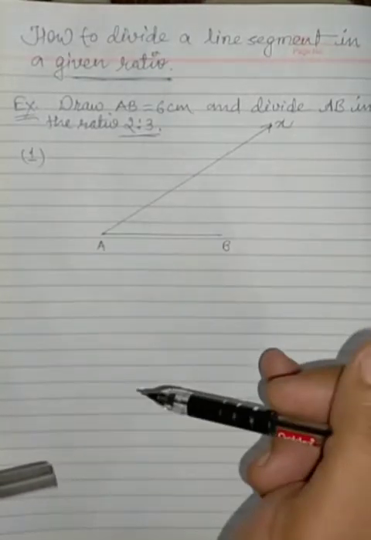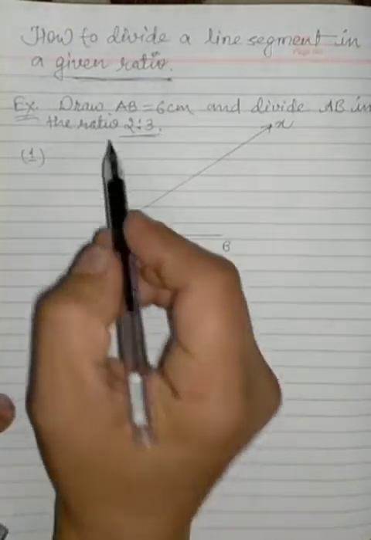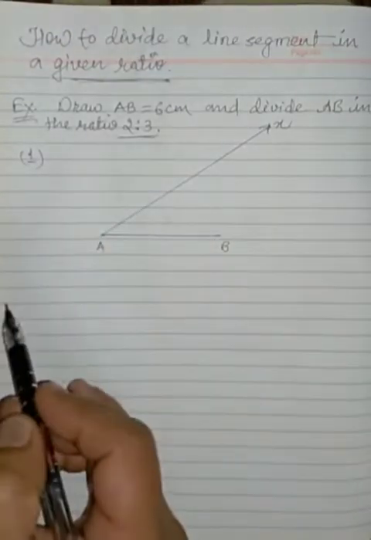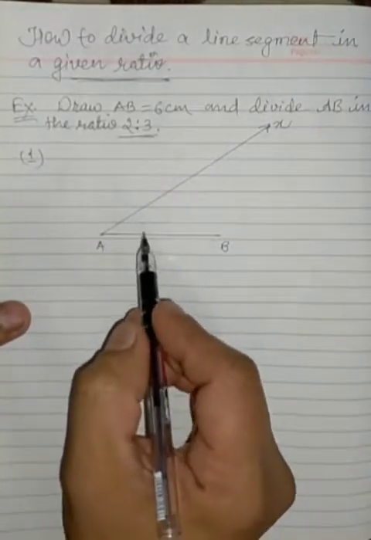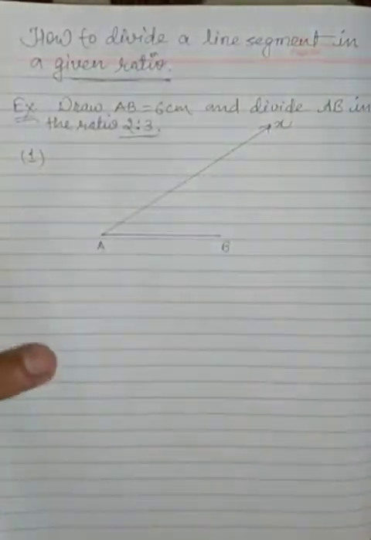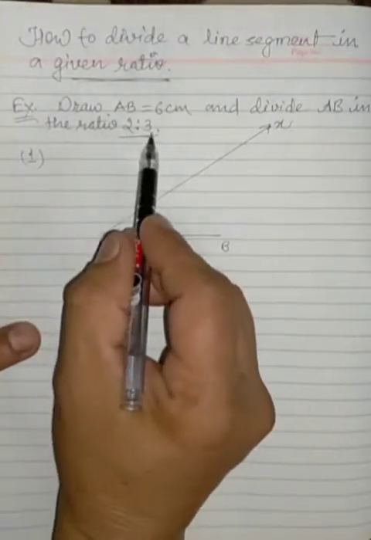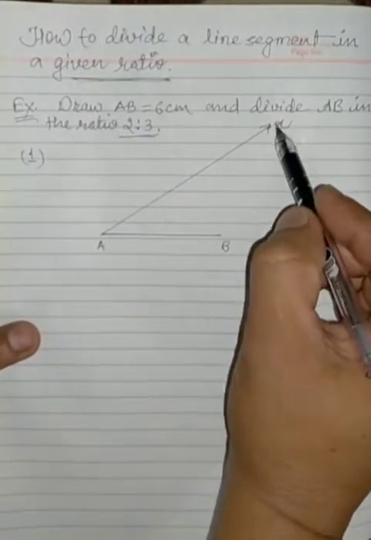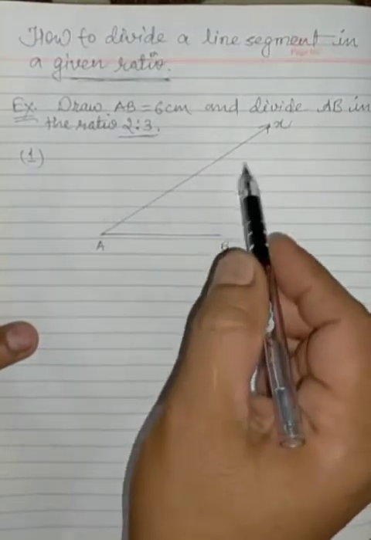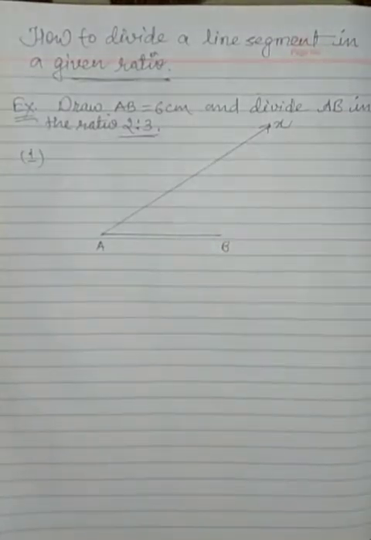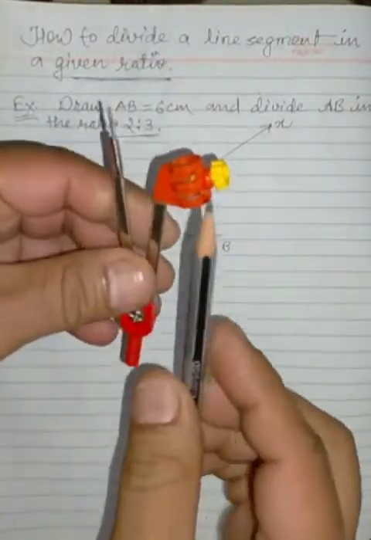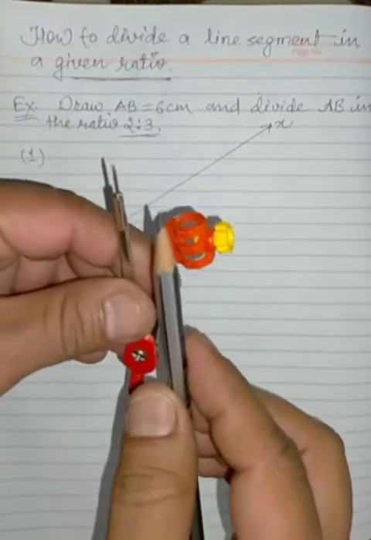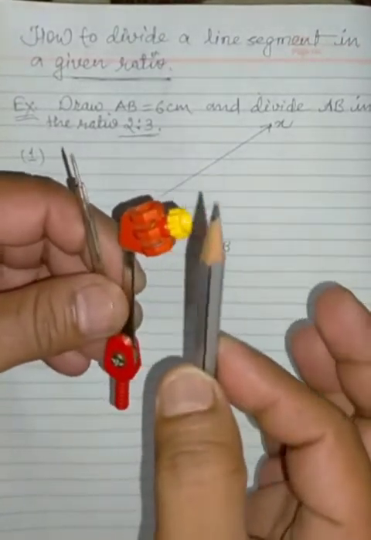Now, as we are given the ratio 2:3, on this ray AX we will draw 2 plus 3, that is 5 arcs of equal radius. For this, we have to take a compass and a pencil, which should be sharp.